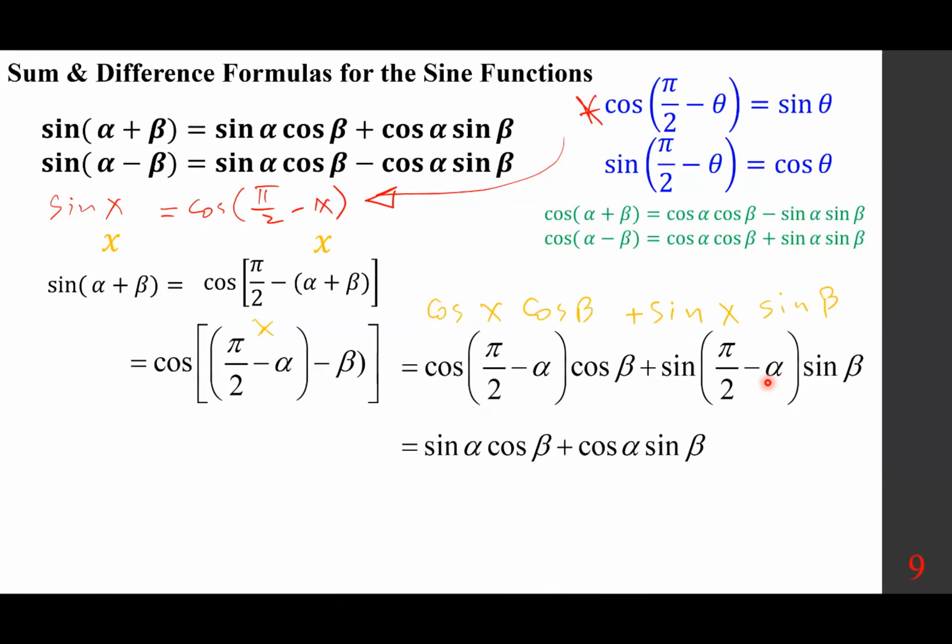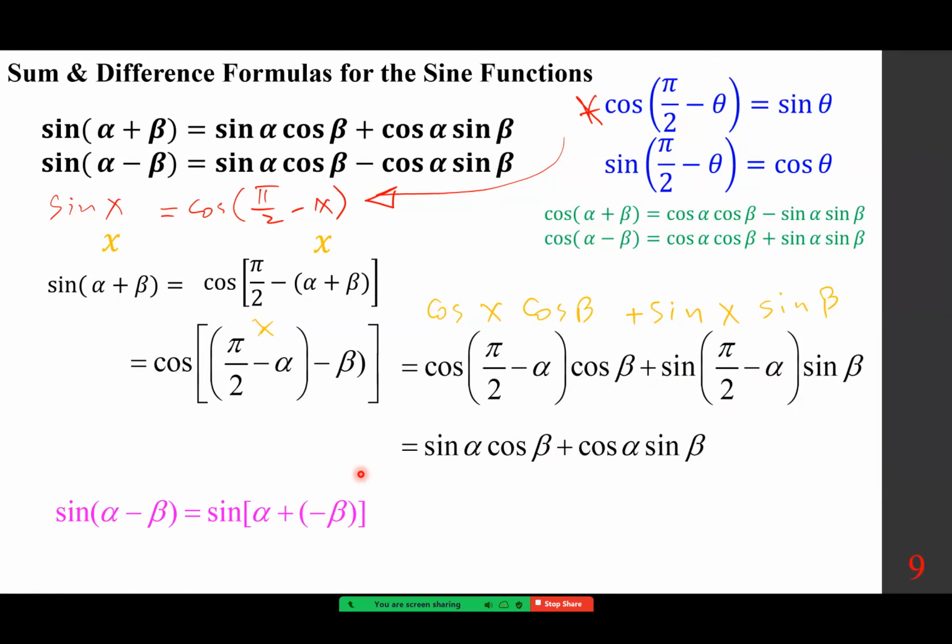And to prove sine of alpha minus beta, we're going to write sine of alpha plus minus beta, which means into this formula, we replace the beta with negative beta. We've established it for sine of alpha plus whatever.